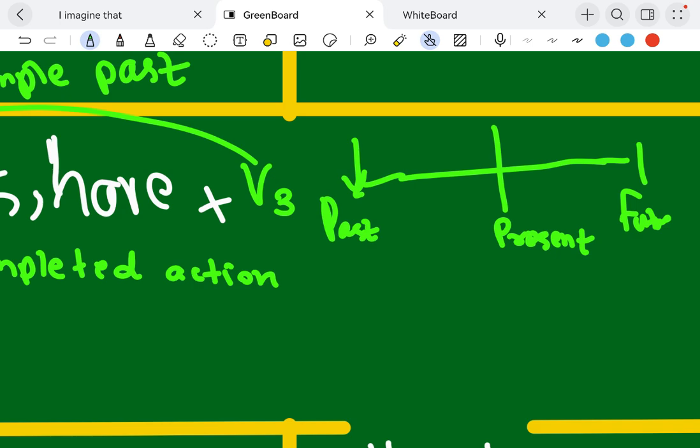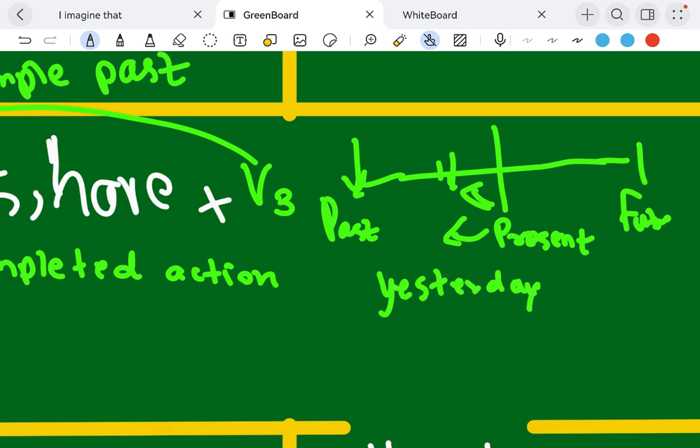It's totally completed in the past. But the present perfect tense is for an action that is also completed in the past, but it's a little bit close to the present.